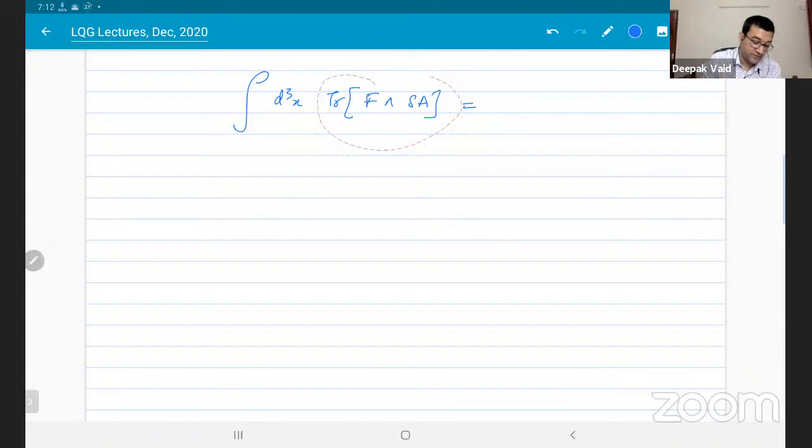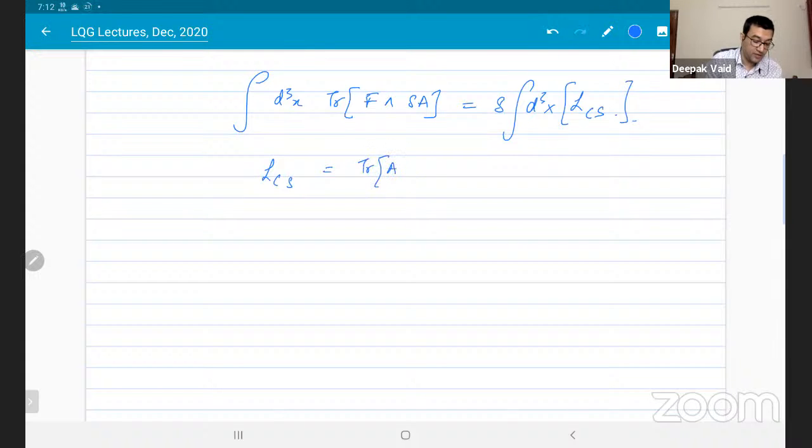So whenever you have this kind of a structure, this can be written as the total differential of a Chern-Simons Lagrangian, right? So what is the Chern-Simons Lagrangian?